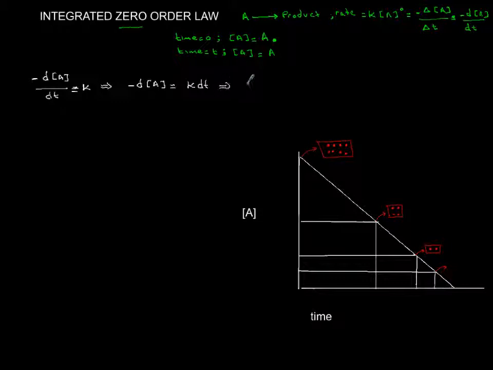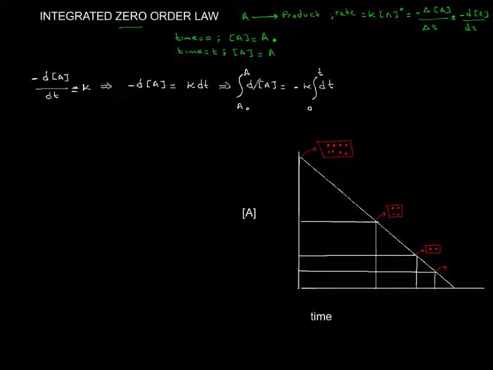I put the minus on the other side, meaning I multiply both sides by -1: minus k dt. Now we take its integral, going from A0 to A as our limit, and for time we go from 0 to time t.